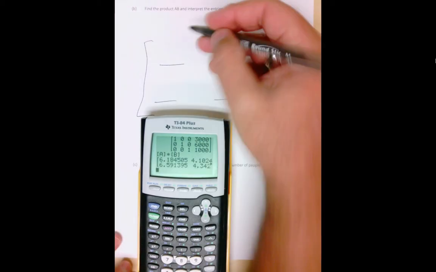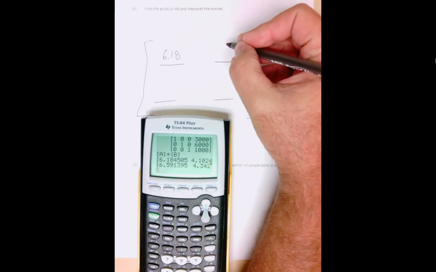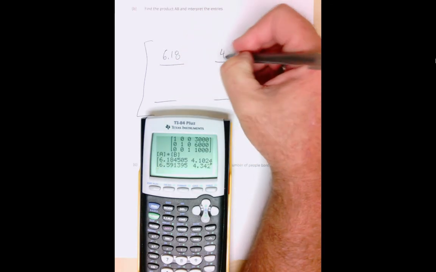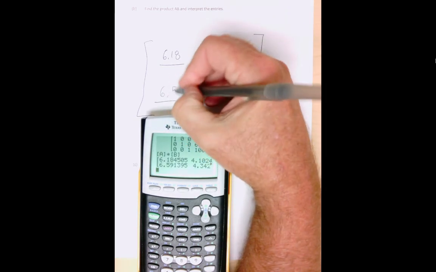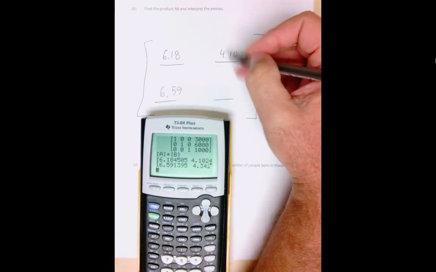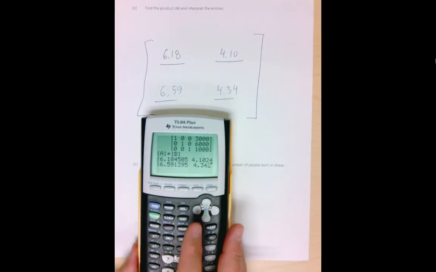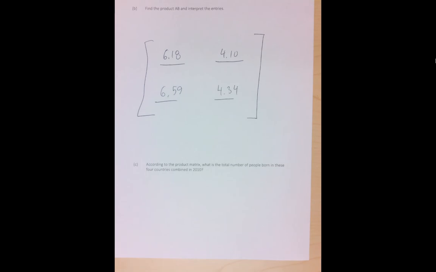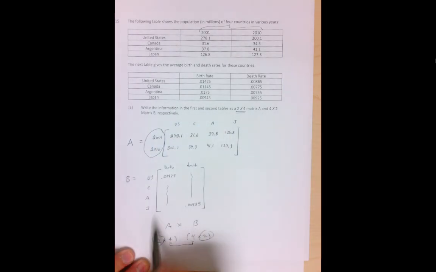So we have 6.18, 4.10, 6.59, and 4.34. Now, to determine what these entries mean, keep in mind that the rows of this matrix will come from the rows of the first matrix.